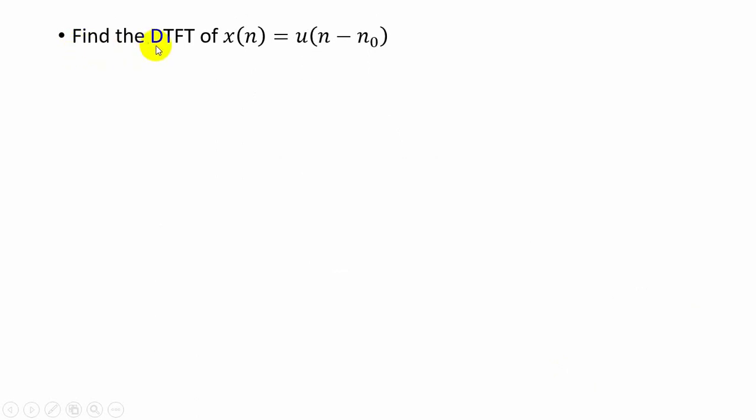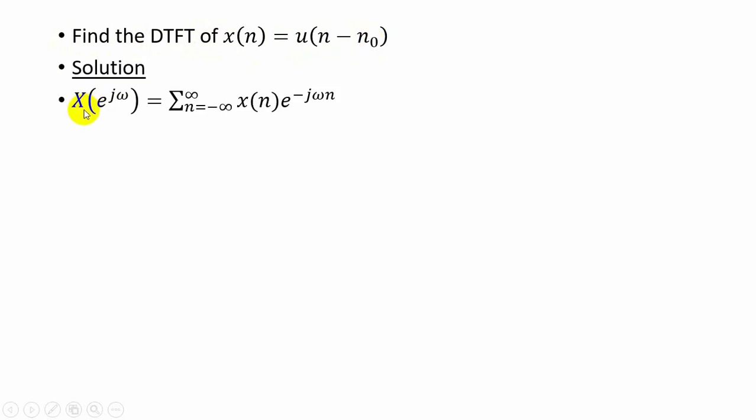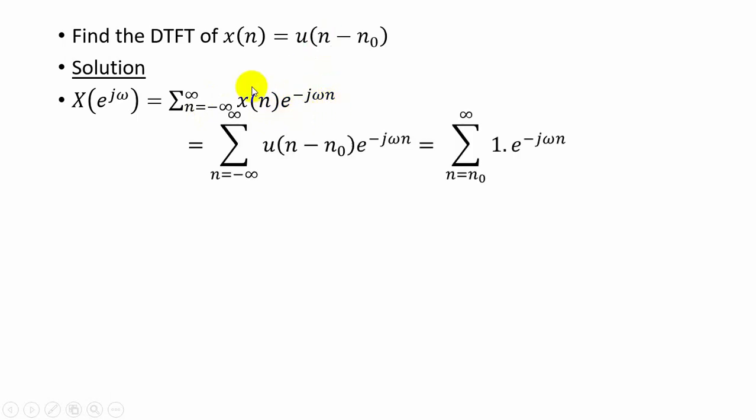Here we are going to find the discrete time Fourier transform of the unit step sequence shifted by n0 units. We know the discrete time Fourier transform of a signal x of n is given by X of e power j omega, which is equal to summation n equal to minus infinity to infinity x of n multiplied by e power minus j omega n. Here x of n is equal to u of n minus n0.